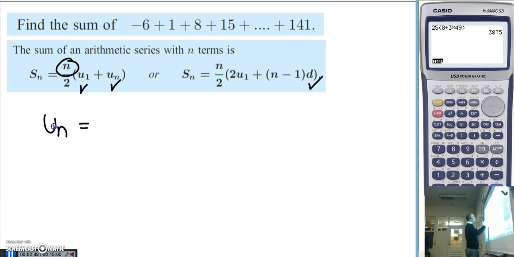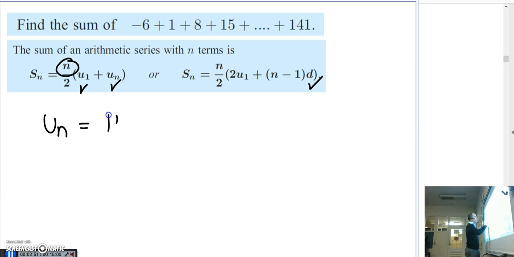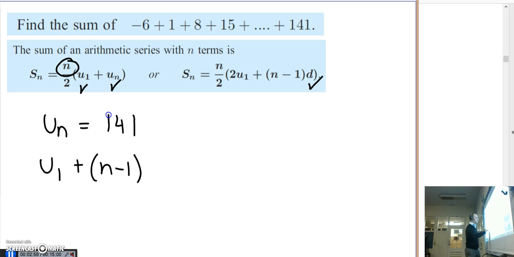So I know that the last term is equal to 141. Now, using our previous formula, we can start working out what n is. So I've got u1 is negative 6 plus the difference. I can see that it's going up by 7 each time.